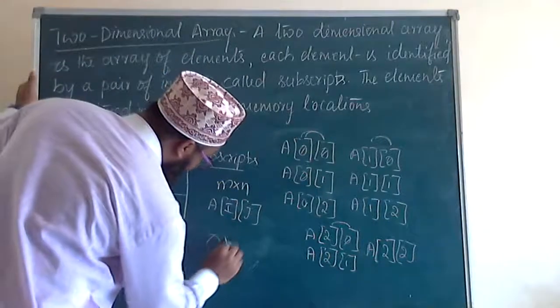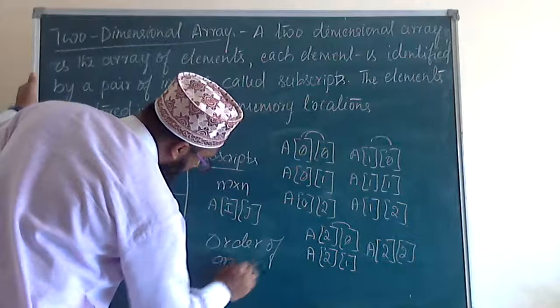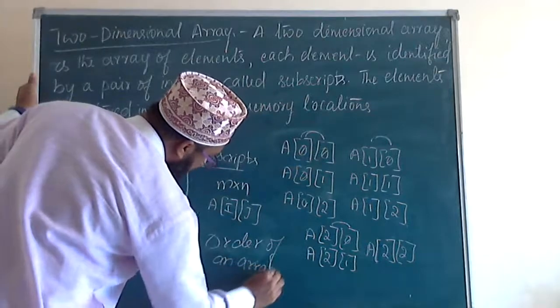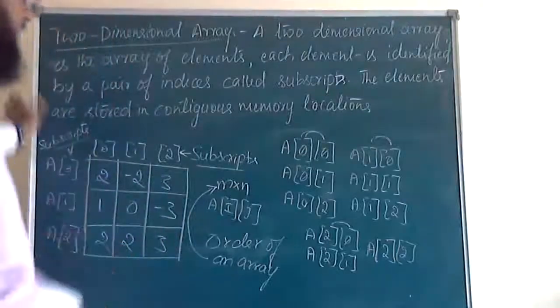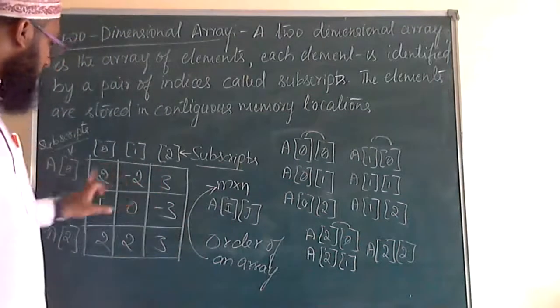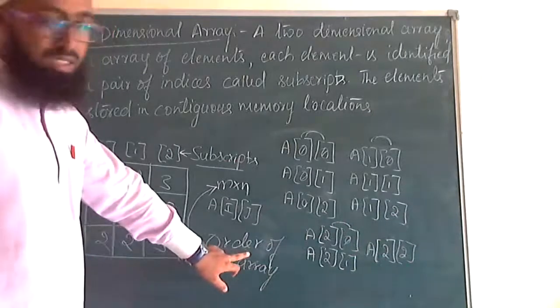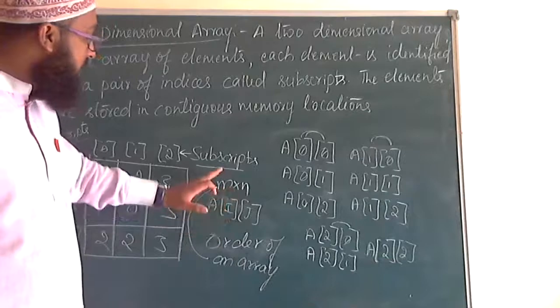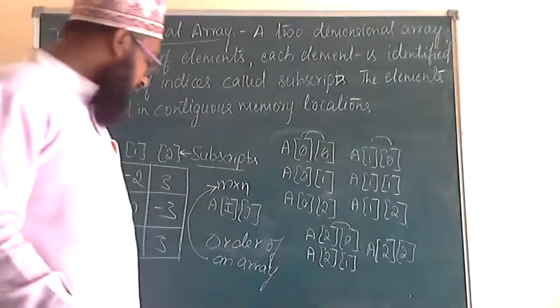That is called the order of a matrix or order of an array. This order is represented by m into n, number of rows into number of columns.